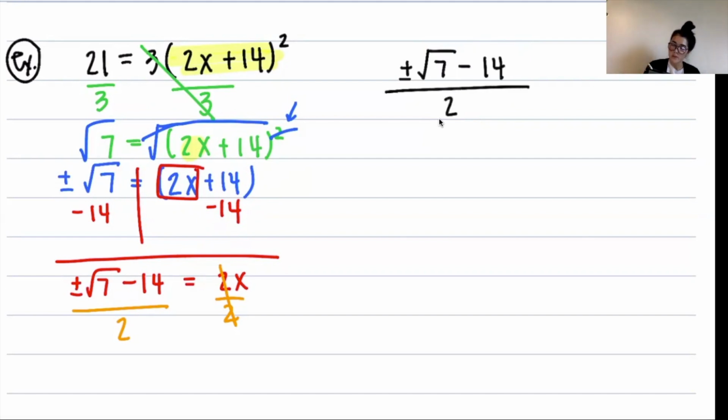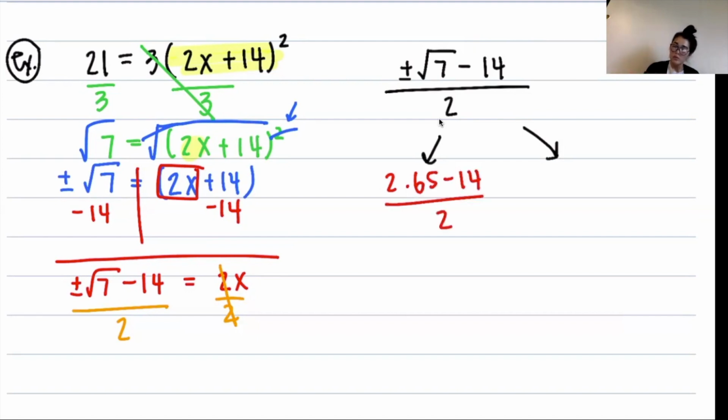All right, what I'm going to remind you guys is that this is actually two problems. Similar to when we did inequalities and how to split it, same thing. So I'm going to take the positive square root of 7, and again, you're probably going to have to calculate it. So that's going to be positive 2.65, and then minus 14, and then divide all that by 2.